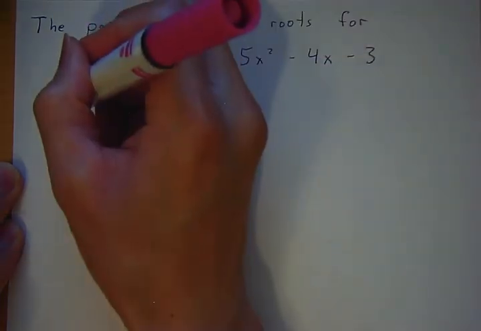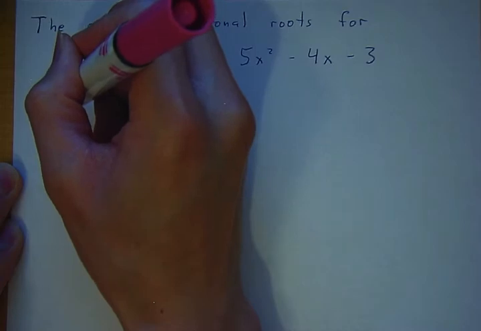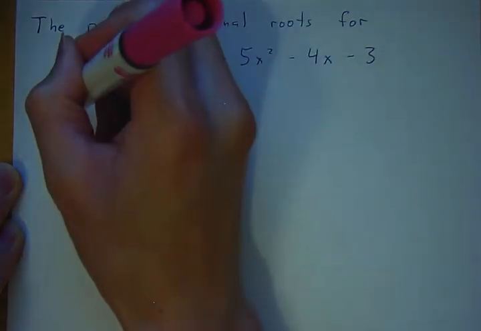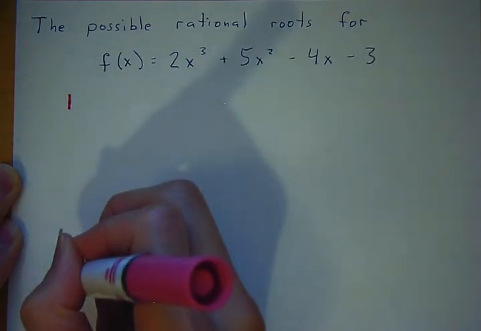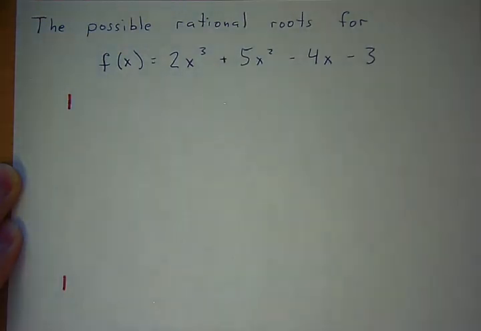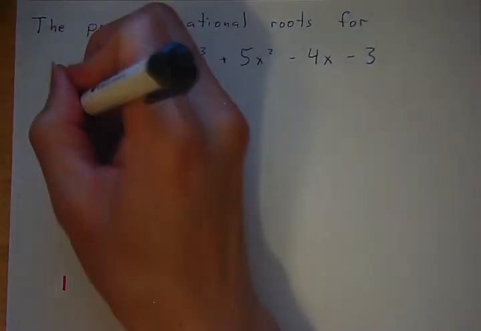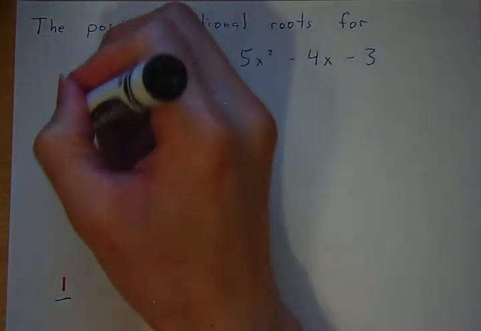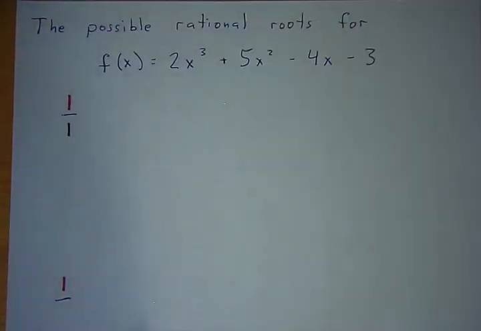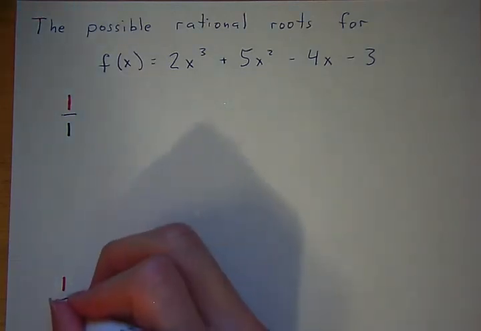So once again, it is positive 1 divided by positive 1, or positive 1 divided by positive 2.